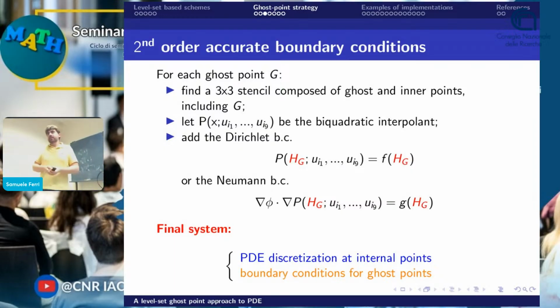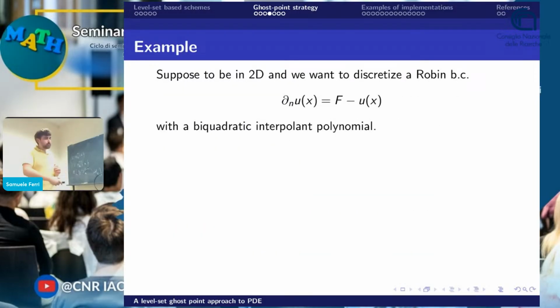to solve. You can apply strategies to precondition the system, but we wanted to show you a bit of a workaround for this. Suppose, for example, to be in 3D, and we want to discretize this Robin boundary condition. Now we are not interested in the PDE we are solving.